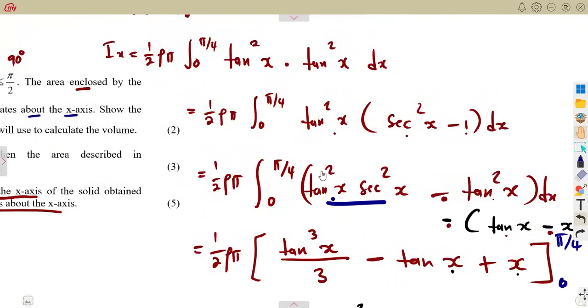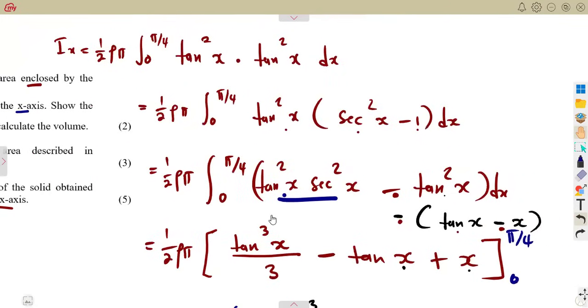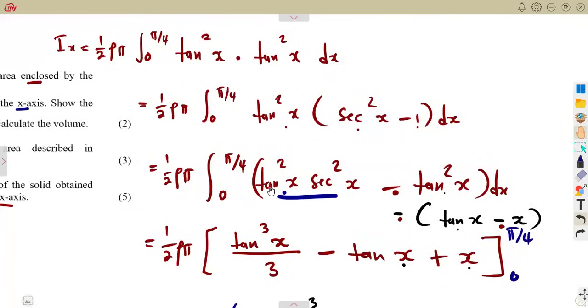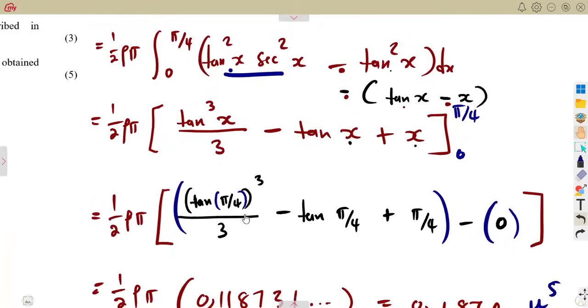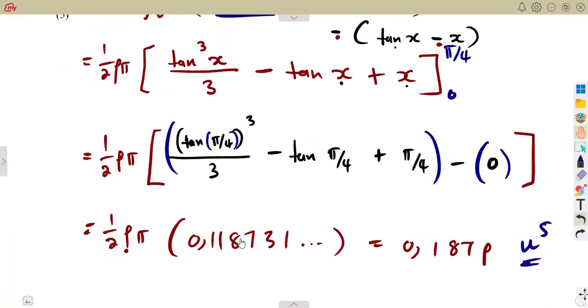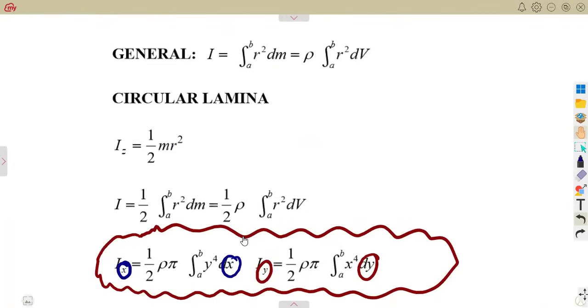So the formulas there, they are used when these two correspond, like I said before, when the strip and the axis of rotation correspond to each other. But if they're different, then you consider the formulas of a hollow cylinder, which is where you use the shell concept.